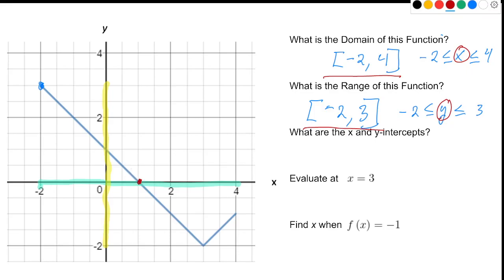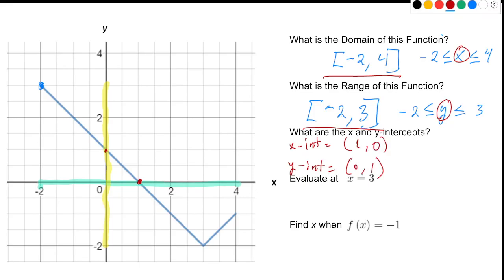Literally it is the point x is 1, y is 0. So the x-intercept is the point (1, 0). Notice when we have an x-intercept, it's the y that's 0. When we have a y-intercept, which is this one here, the x is 0, the y is 1 in this case. (0, 1).